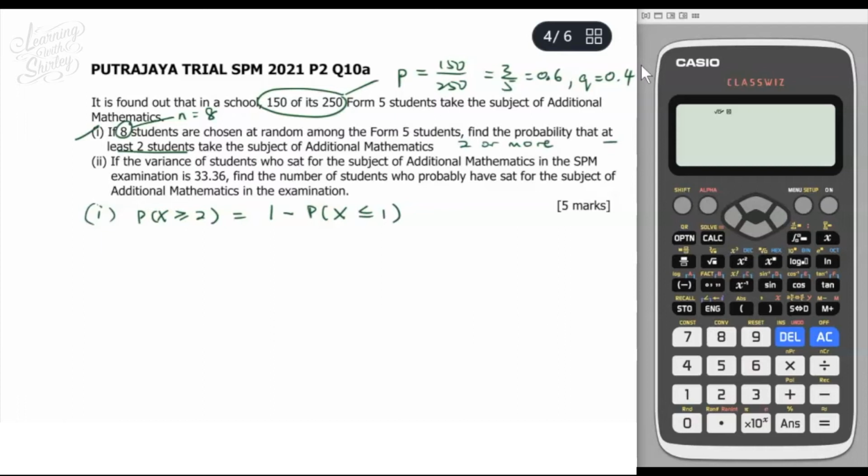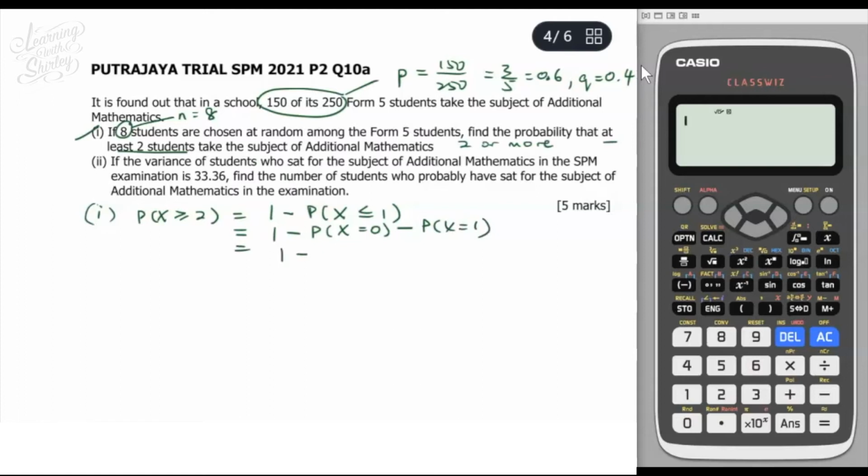Let's calculate how much this is. Or you can also use the manual way. I'll teach you the manual way, because you have to show your working. So this one will be P(x = 0), and then minus P(x = 1).